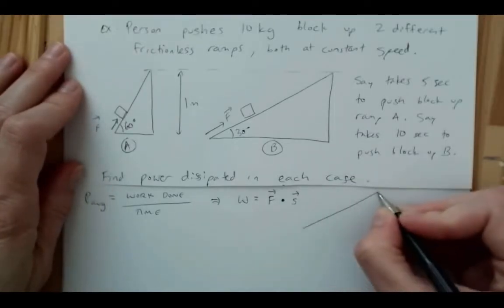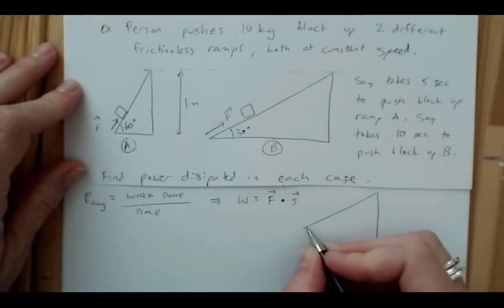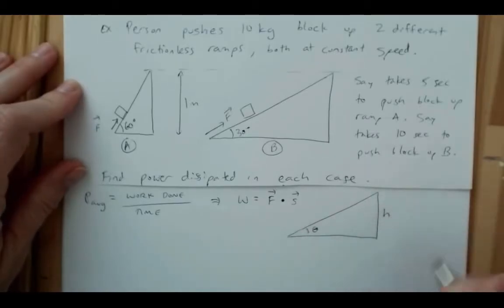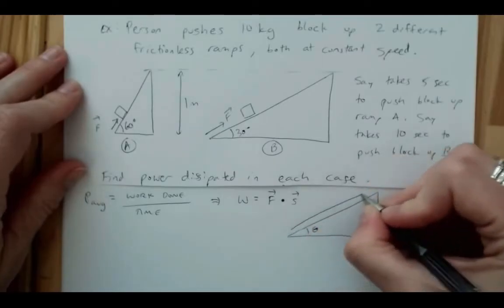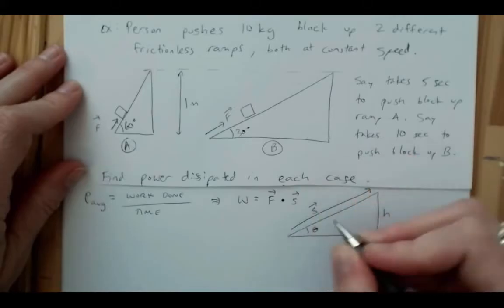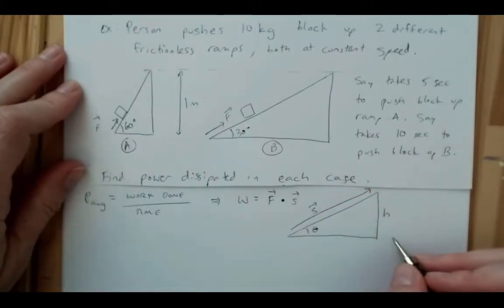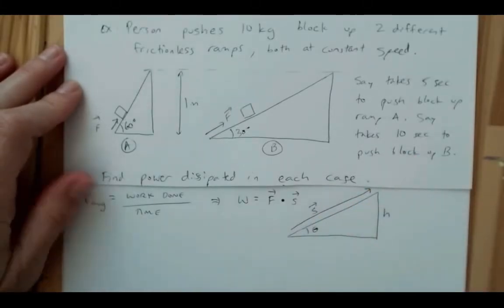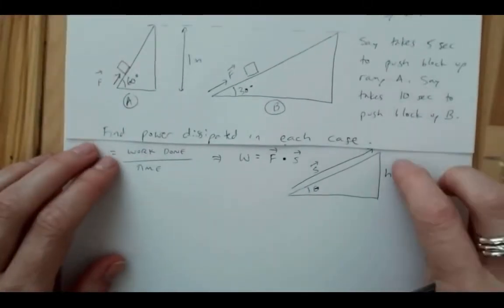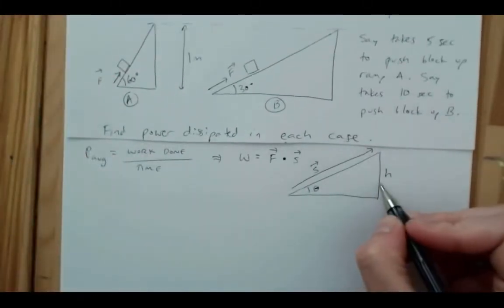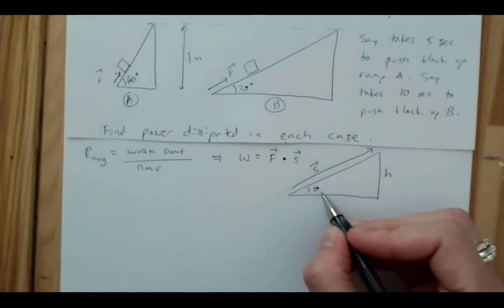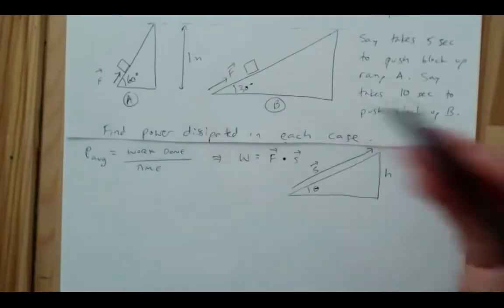So let's go ahead and draw a ramp that has some angle theta and some height h, and then some displacement S, which is the hypotenuse of that triangle. In this situation, we can figure out what S is in terms of h and theta, since those are values that have been given to us in our problem.